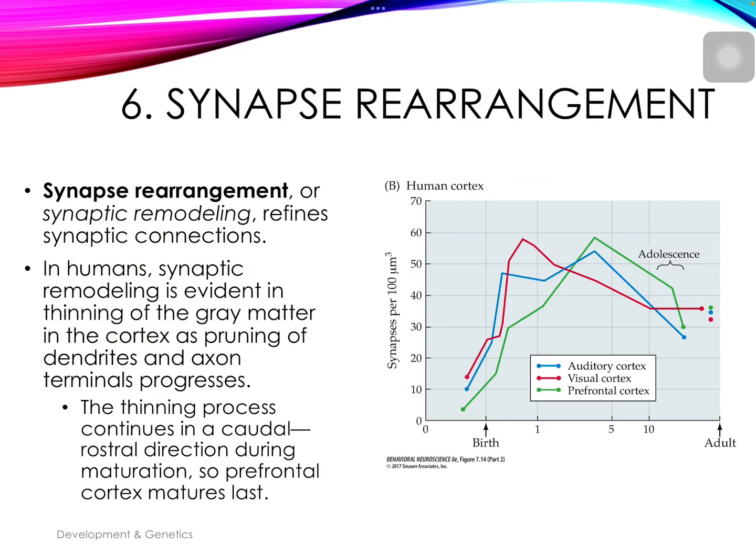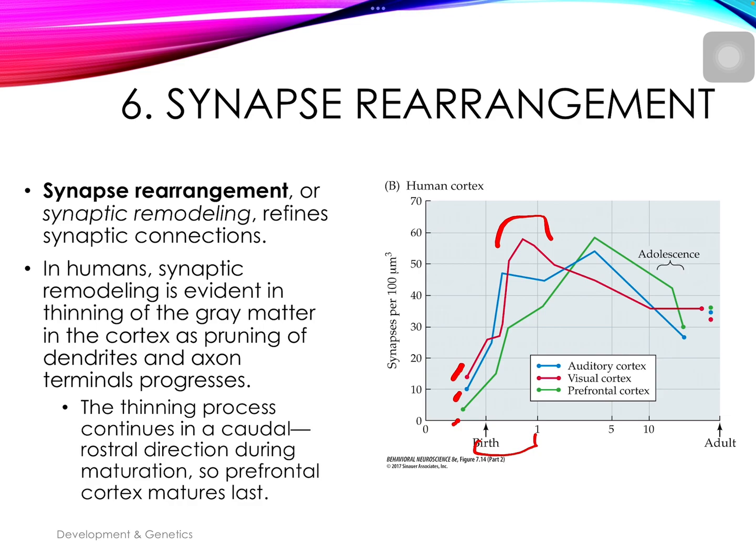If you look here, this is a really nice graph. The red is the visual cortex, the blue is the auditory cortex, and the green is the prefrontal cortex. You can see within the first year of life, there's a lot of synaptogenesis. There's a lot of synapses in the brain, and the visual cortex is especially prevalent in the first year of life.